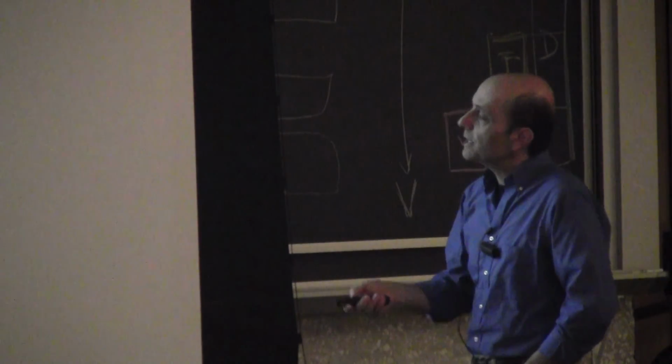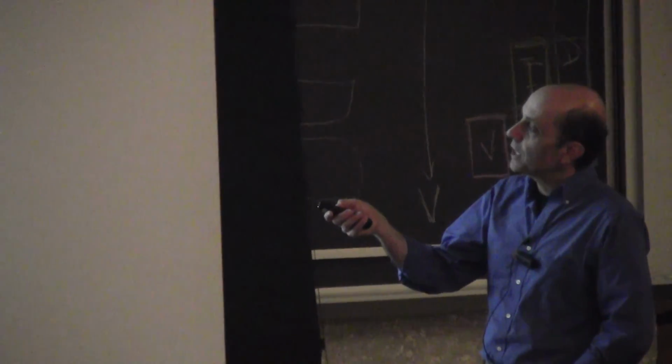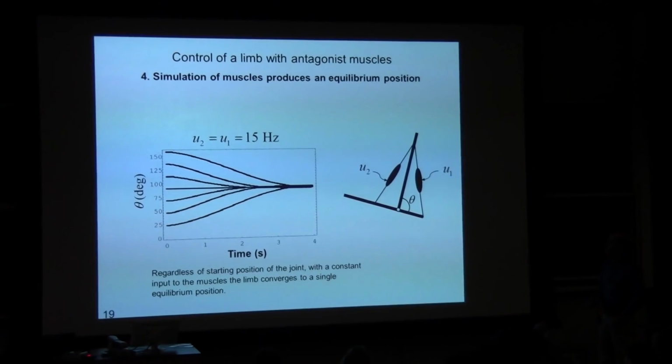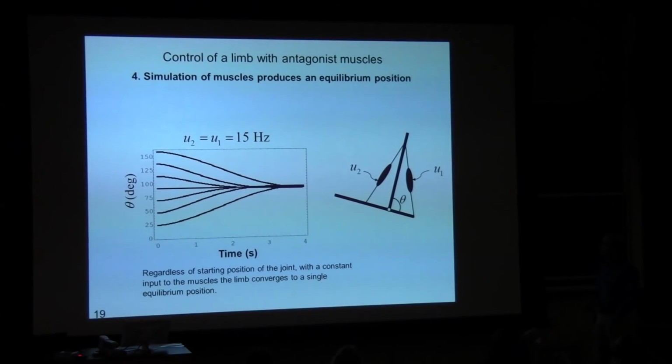As you can see in this example, say there's input to these two muscles, U1 and U2, both at 15 hertz, and the muscles are of equal strength. What will happen is that the arm will come to an equilibrium no matter where it starts. So if the arm is down here or down here, in either case, you will get to this equilibrium that is represented by the forces generated by these two muscles.